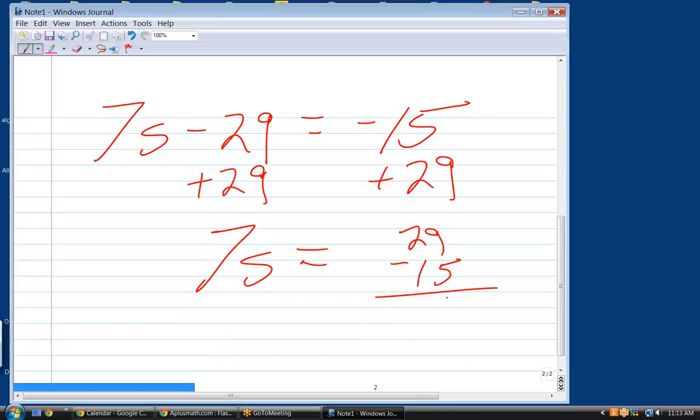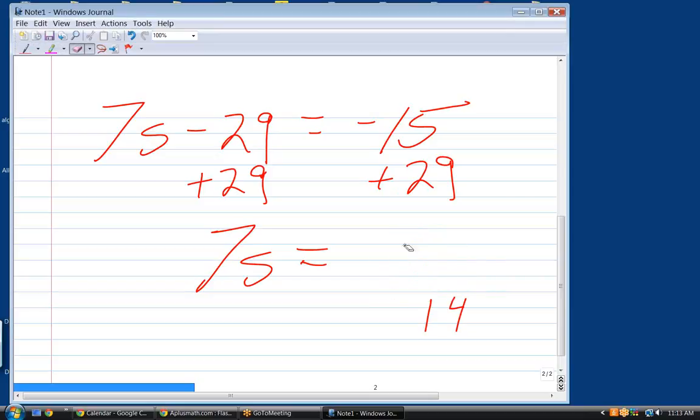Now it's easier to look at when you're looking at it like this. What's 29 minus 15? That would be 9 minus 5? 4. What's 2 minus 1? 1. There's your answer. 14. Okay.